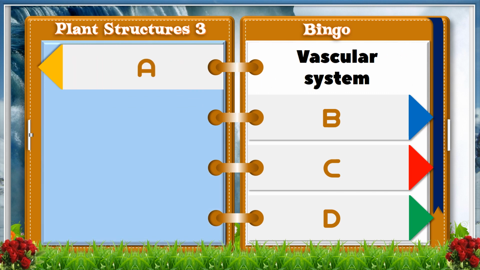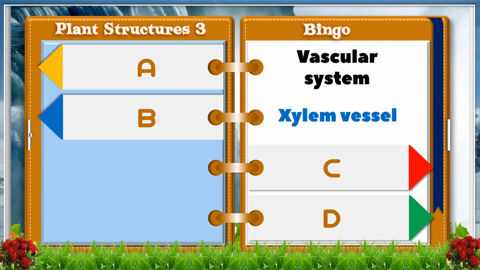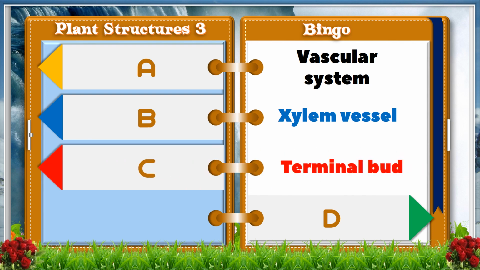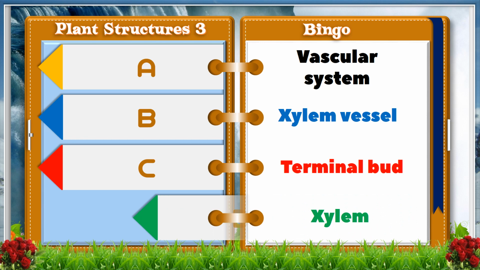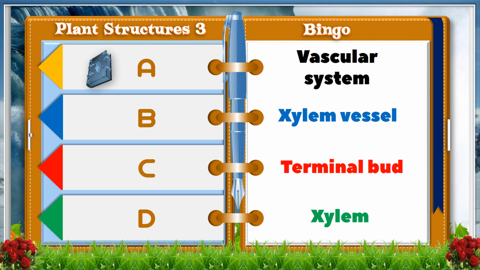A. Vascular system. B. Xylem vessel. C. Terminal bud. D. Xylem. And the answer is A. Vascular system.